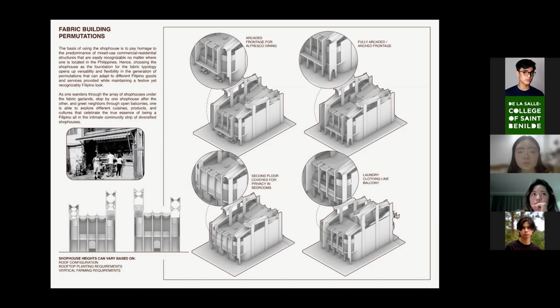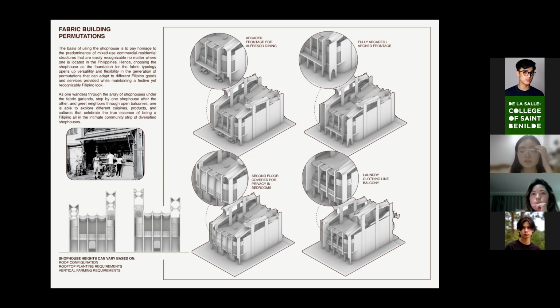That in a sense opens up the flexibility and versatility of using the shop house for different typologies, for different services and goods rendered, since it's very nostalgic and recognizable in a way that it can be applied in multiple aspects.